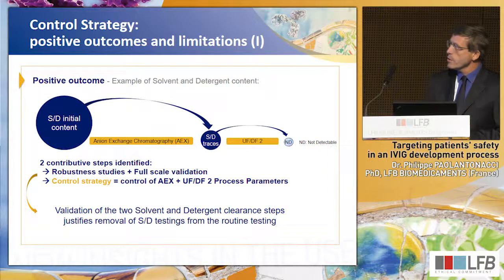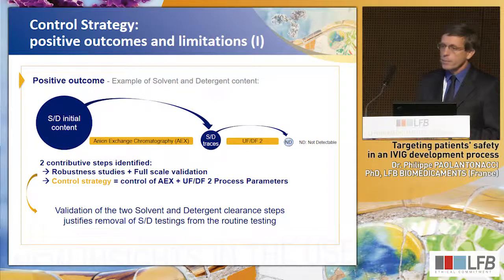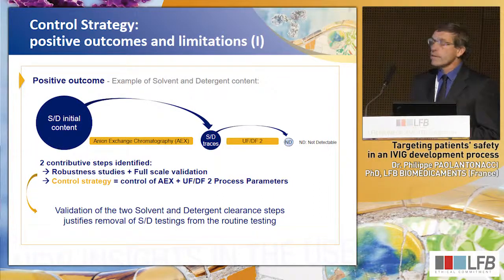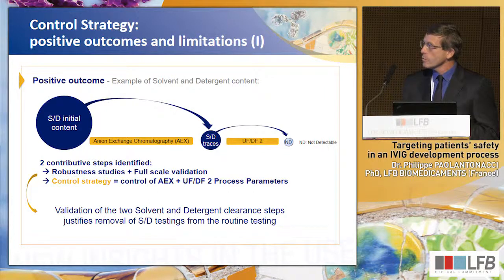For the control strategy, we have generally positive outcomes, but also some limitations. As an example of the positive outcome, I chose the elimination of solvent and detergent content in the final product, which was obtained through the 2 identified steps, based on robustness studies and full-scale validation.